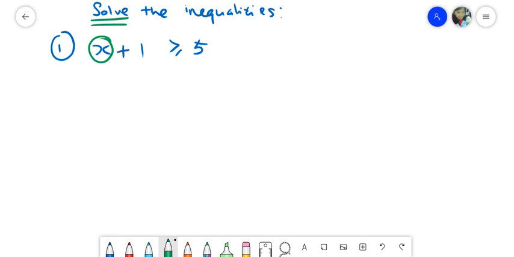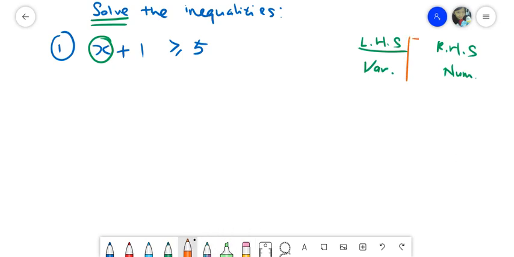In other words, your left hand side will be your variable, and your right hand side will be your numbers. Regardless of the symbol, it can be equal, more than, less than, and so on. Regardless of any symbol, this will do.